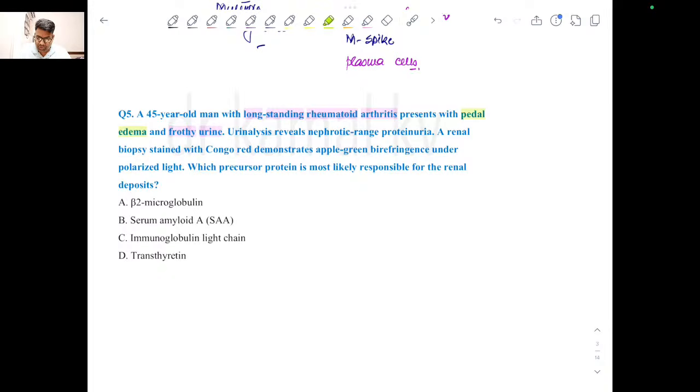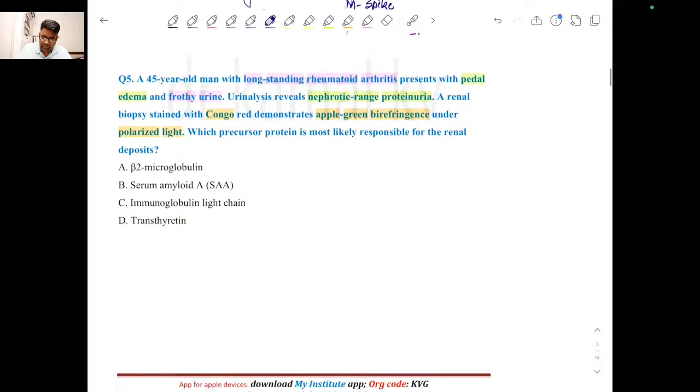Urine analysis shows nephrotic range proteinuria, and then the biopsy, when stained with Congo red, shows apple green birefringence under polarized light. Now I think the moment you have this much description in the question statement, definitely you can make out the diagnosis.